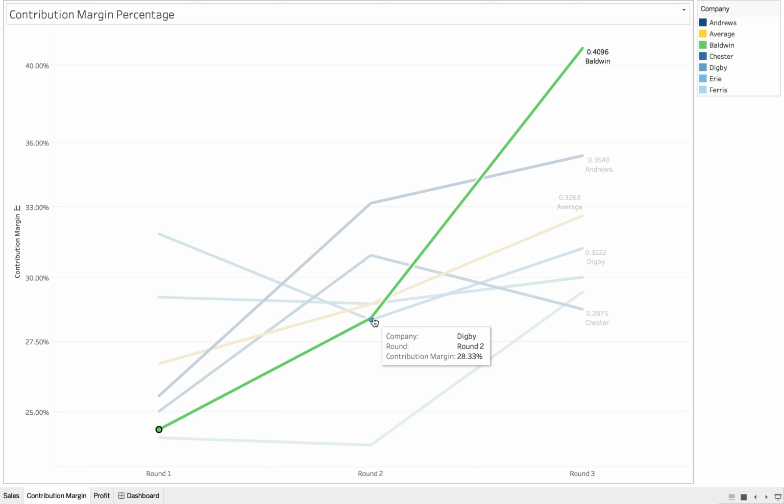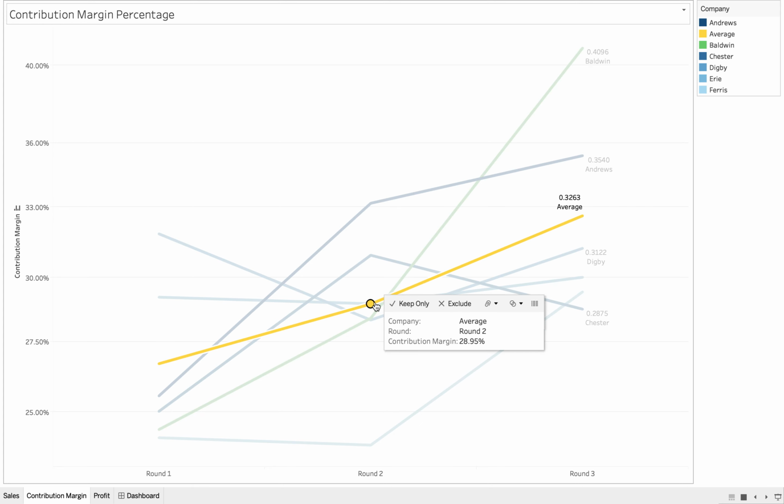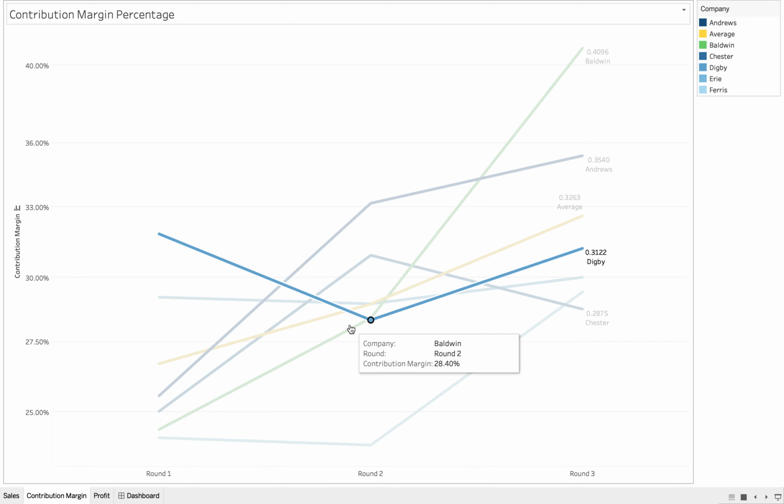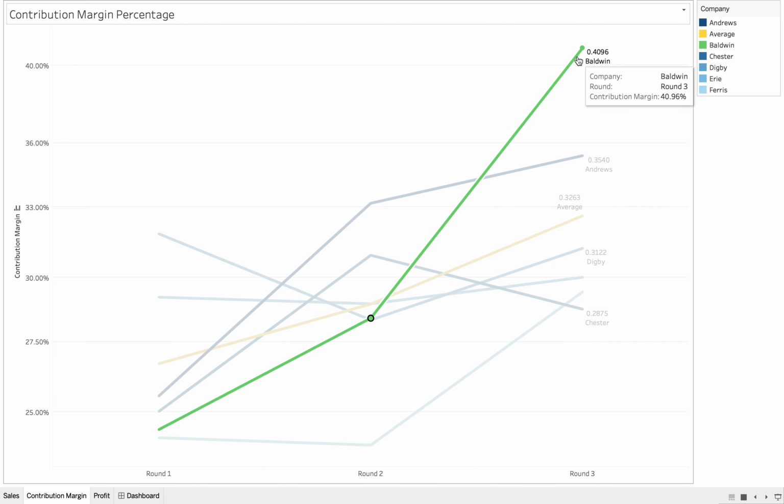And you can see at the end of round 2, we made some good headway, getting up close to that 30% benchmark, which is kind of what you want. And that's kind of what the average was. You can see the yellow here is the average. And at the end of round 3, due to these heavy investments, you can see our contribution margin shot up to over 40%, which was 5% higher than the second highest team.